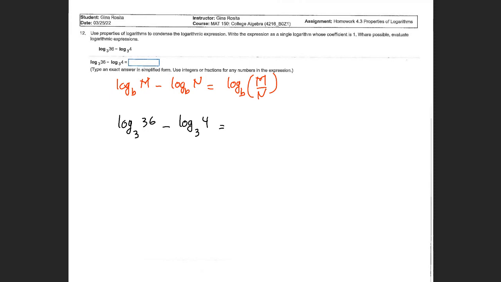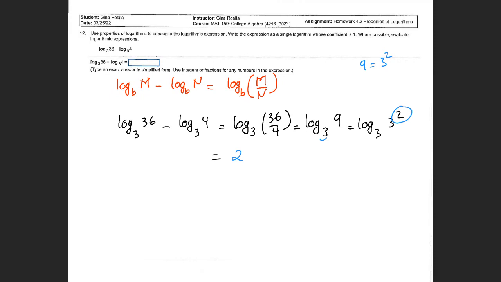Okay, so we can write it as logarithm 36 divided by 4 with base 3. Okay, so equal logarithm of 9 with base 3. Change 9 because base is 3. Change 9 to 3 squared. Right? So now we can write down equal logarithm of 3 squared with base 3. So the answer is 2. Yeah, the answer is 2.